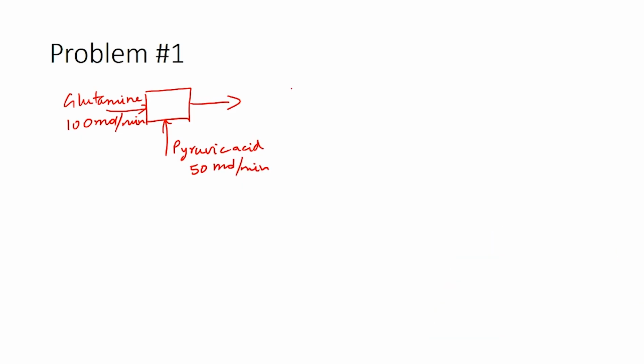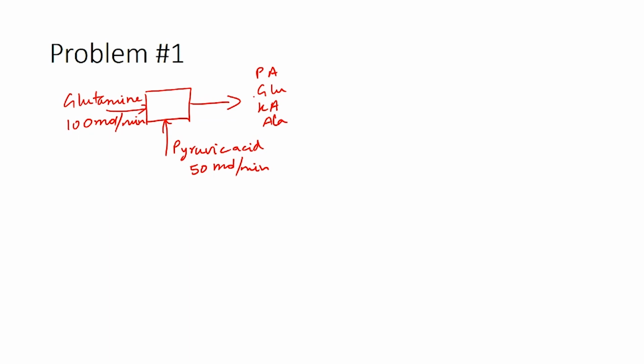You have an exit stream which would contain unreacted pyruvic acid, unreacted glutamine, and the products ketoglutamic acid and alanine. So, this would be your product stream.